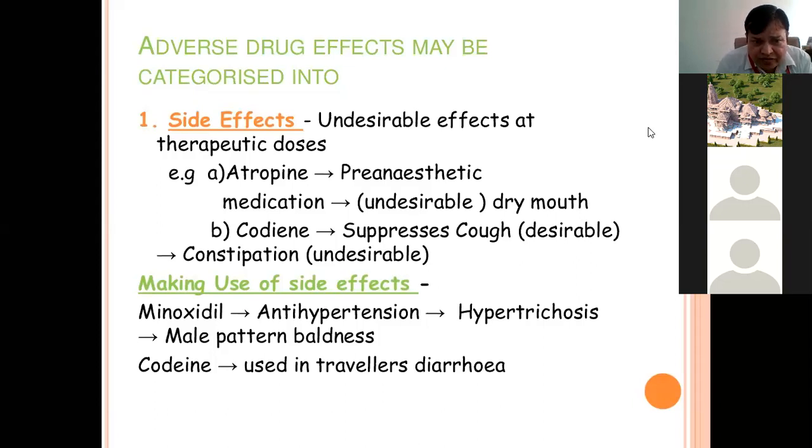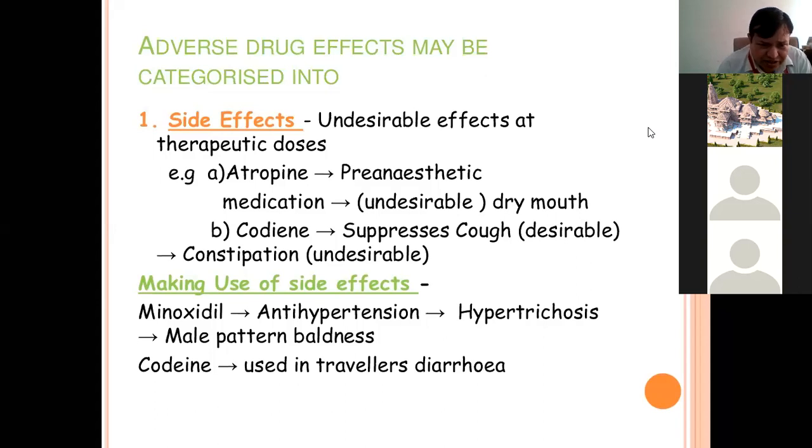Making use of a side effect: minoxidil is an antihypertensive, and hypertrichosis occurs very commonly. Minoxidil is an antihypertensive drug, but hypertrichosis increases hair growth over the entire body.